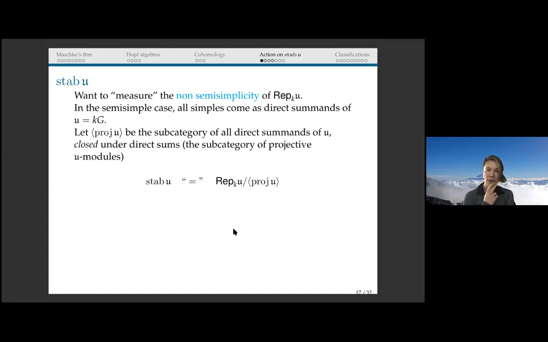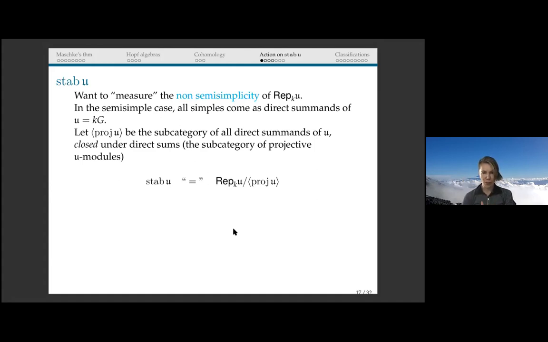So to measure how non-semi-simple our category is, we're going to do the following thing. We take the subcategory of representations of U, where we take all direct summands of U and close under direct sums. And of course, this is just the subcategory of all projective U modules. Okay. And then we mod it out.